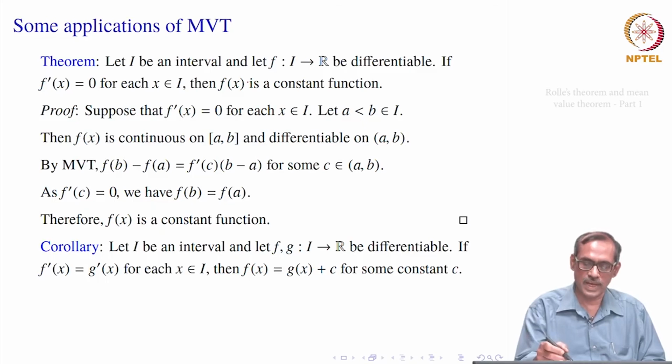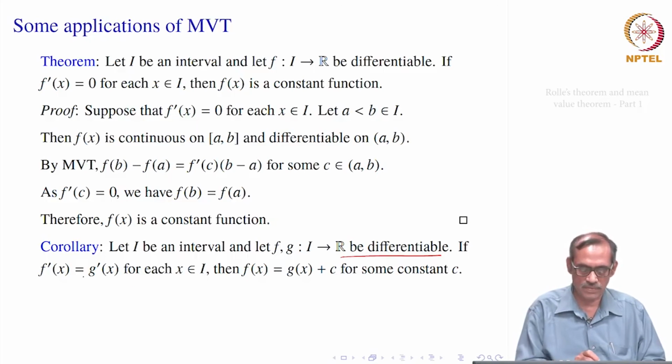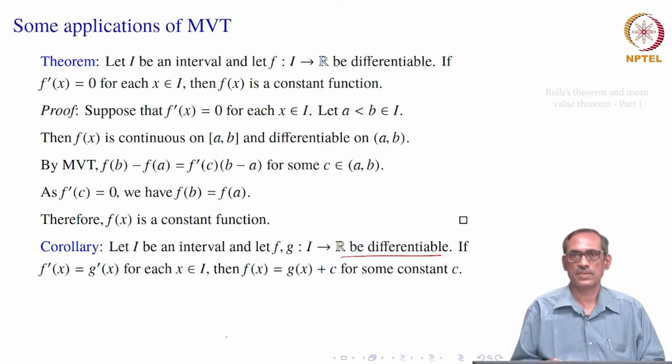But this you can also pose in another way. Suppose we have 2 functions f and g on an interval, and they are differentiable functions, and we know that f prime of x equal to g prime of x for every point x in I. Then you can think of f x minus g x as a new function.